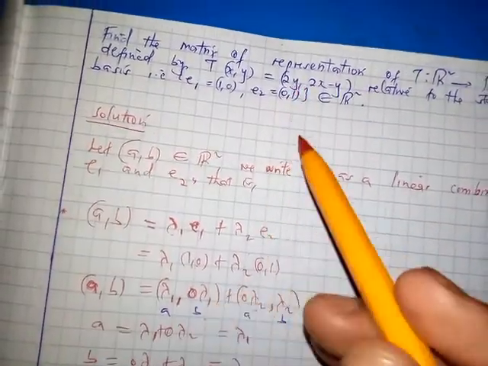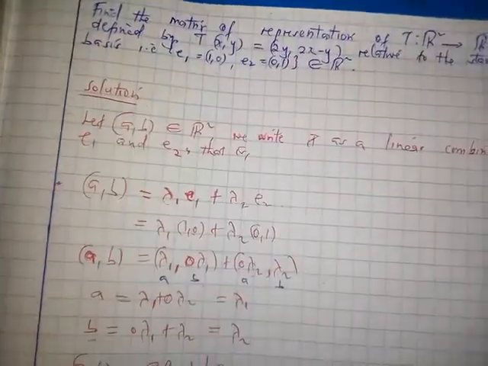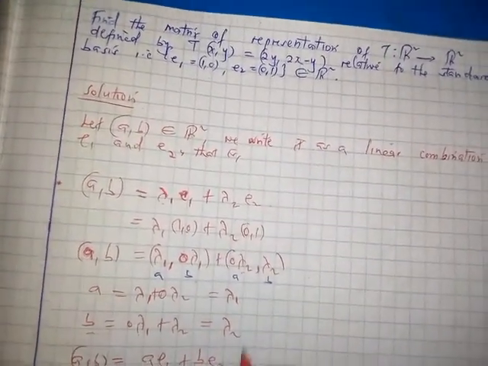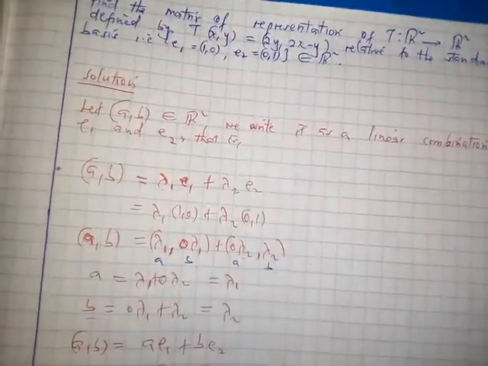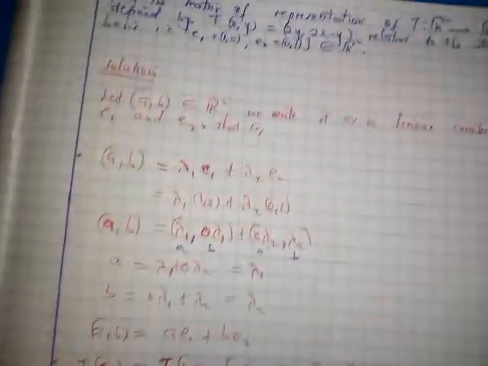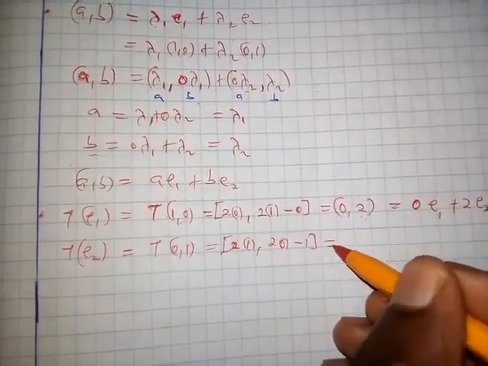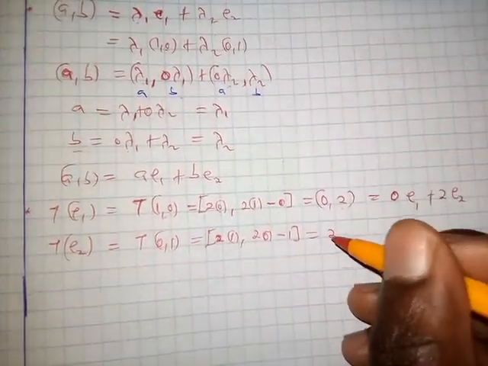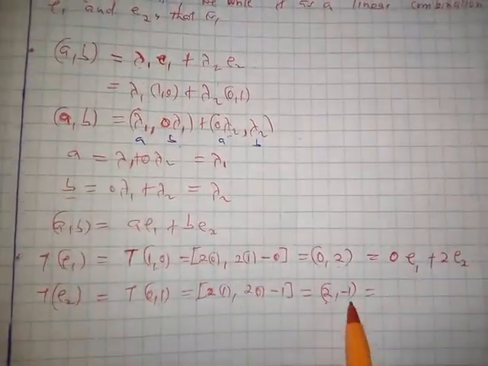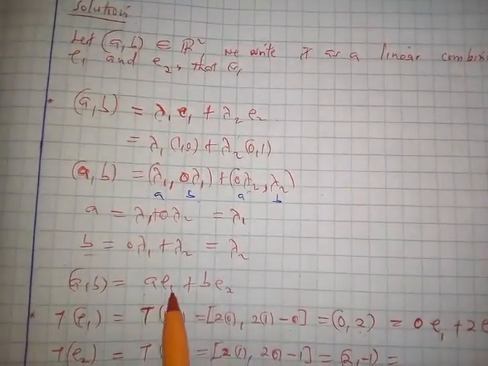We substitute the same way: 2y is 2, then 2 times x, which is 0, minus y, which is 1, and we have (2, -1). This is for a, then this for b, and we have said that (a, b) is equal to a E1 plus b E2.